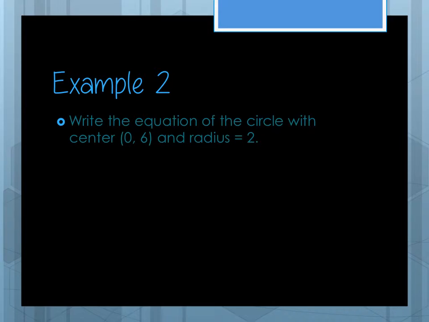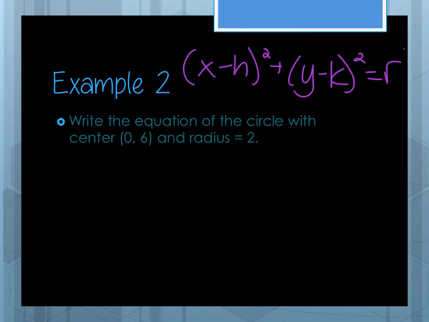Okay, write the equation of a circle with center (0, 6) and radius 2. So again, (x minus h) squared plus (y minus k) squared equals the radius squared. This is my h, this is my k, and this is my r.